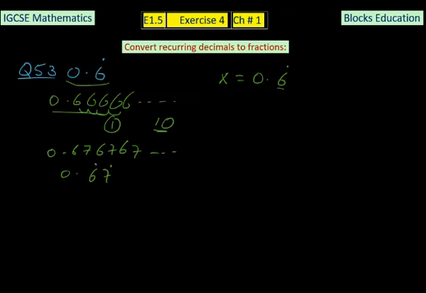It means 67 keeps repeating itself, so we multiply by 100 because two digits are recurring. Depending on the recurring digits, you take 10, 100 and so on. Because there is only one digit this time, you multiply by 10 on both sides.